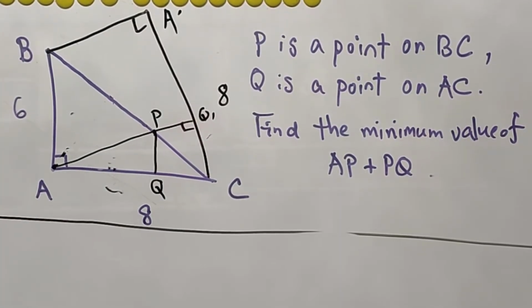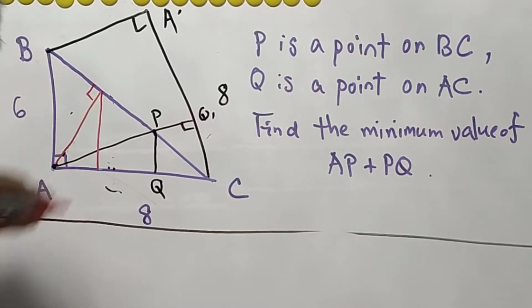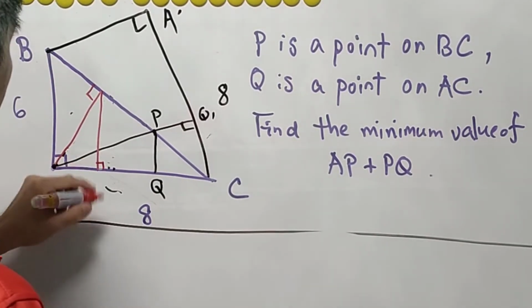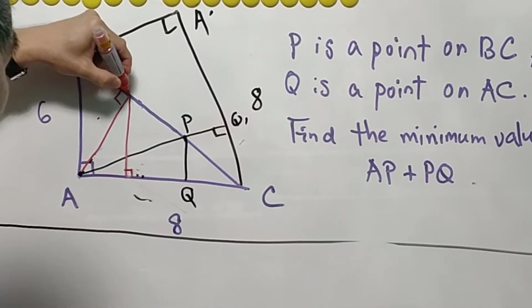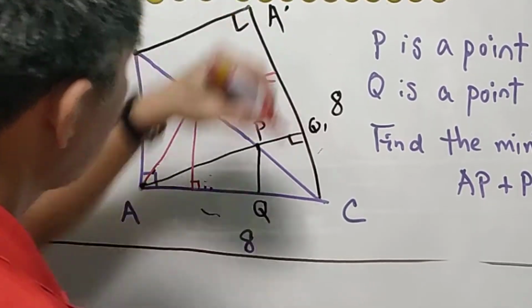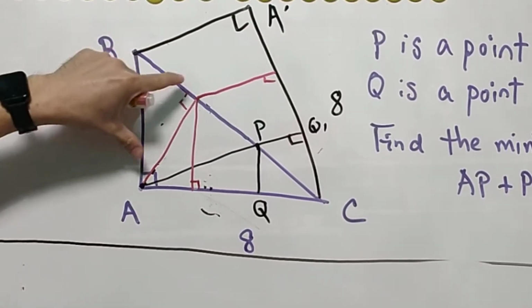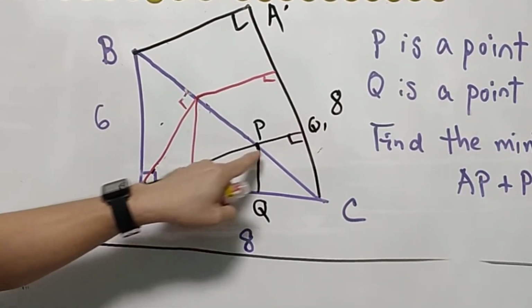Why is it so? It's because for any point that we have just now, like this, the corresponding point will be reflected somewhere here that will make a 90 degree angle. We can compare the sum of these two red lines and this black line.